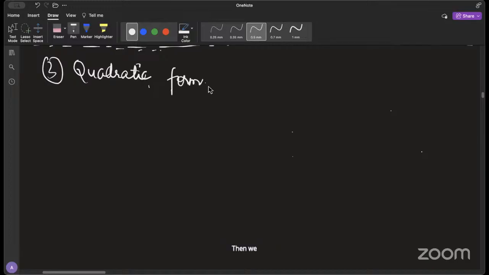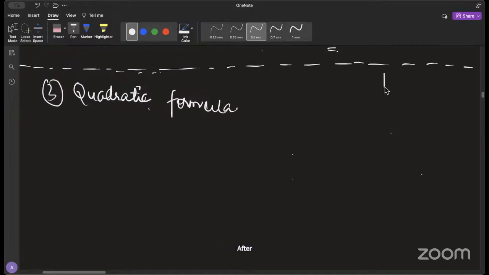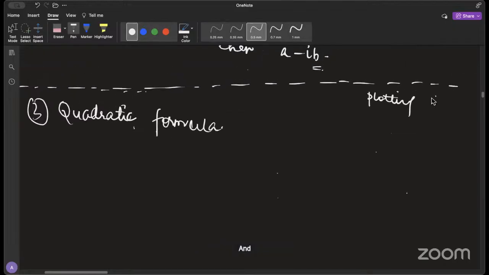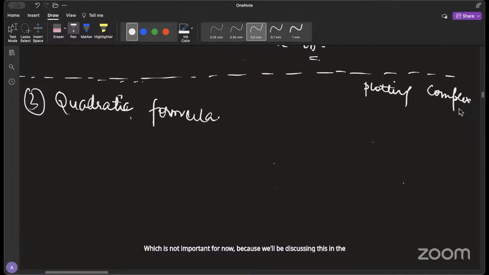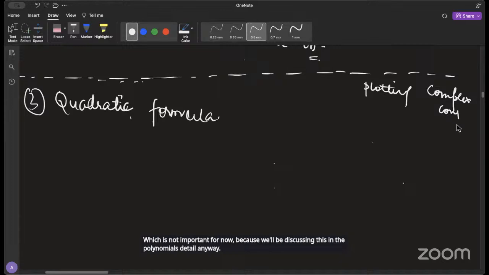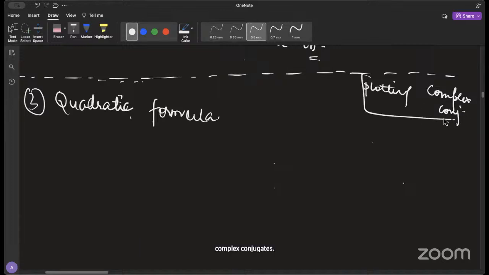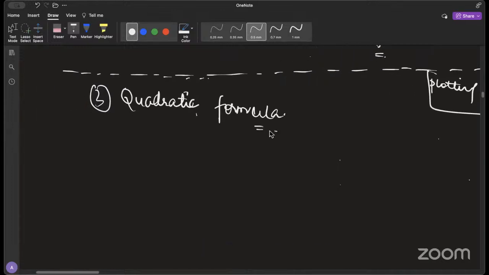Then we'll discuss the plotting. And at last, we'll discuss the complex conjugate roots, which is not important for now because we'll be discussing this in the polynomials week anyway. Let's first discuss the quadratic formula.